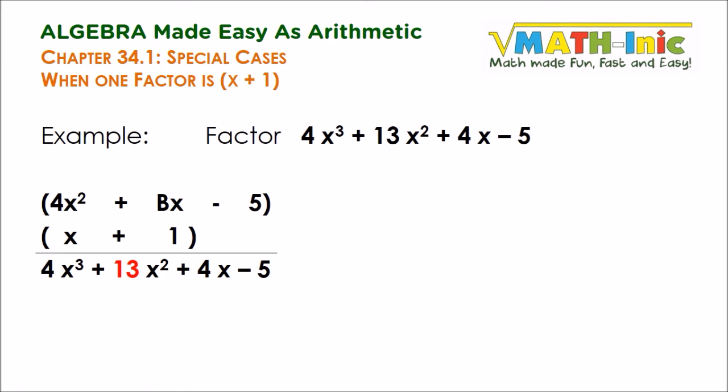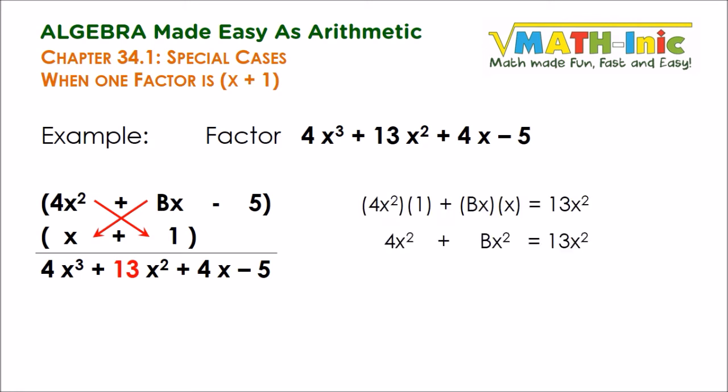So using that, we know that 4x times 1 plus bx times x should be equal to 13x squared. So simplifying that, we get 4x squared plus bx squared is equal to 13x squared. Simplifying further, we do 13 minus 4 is equal to b, so b should be equal to 9.